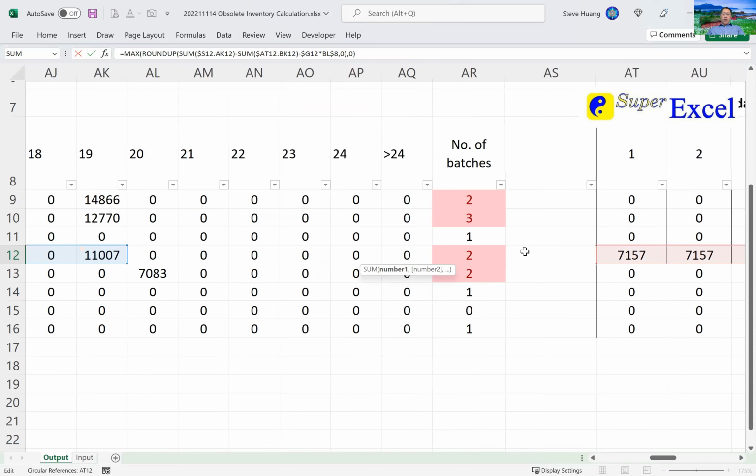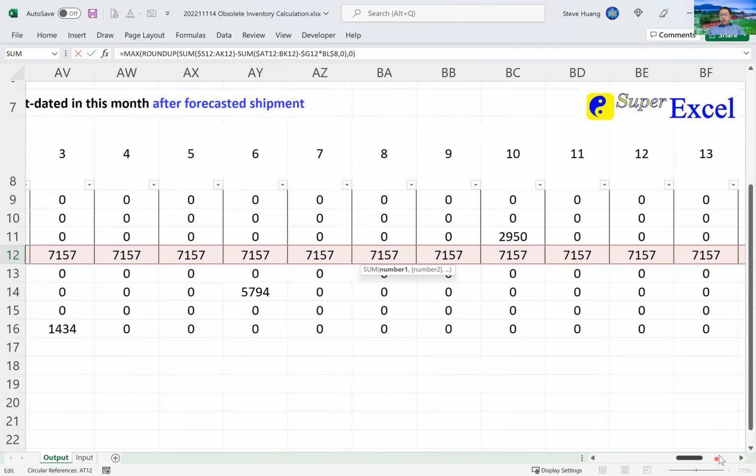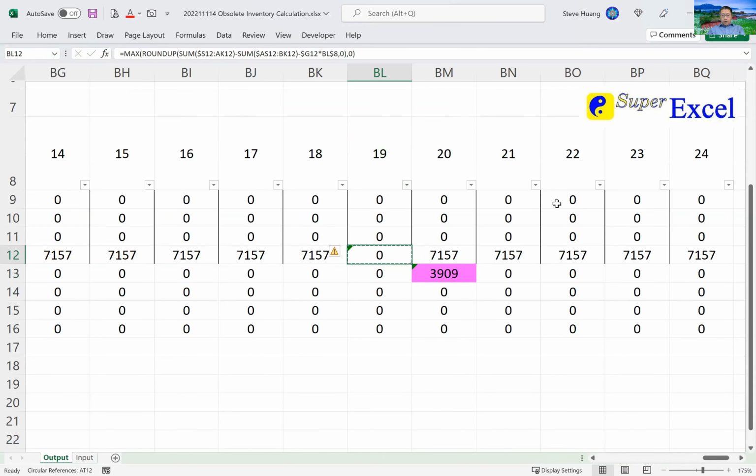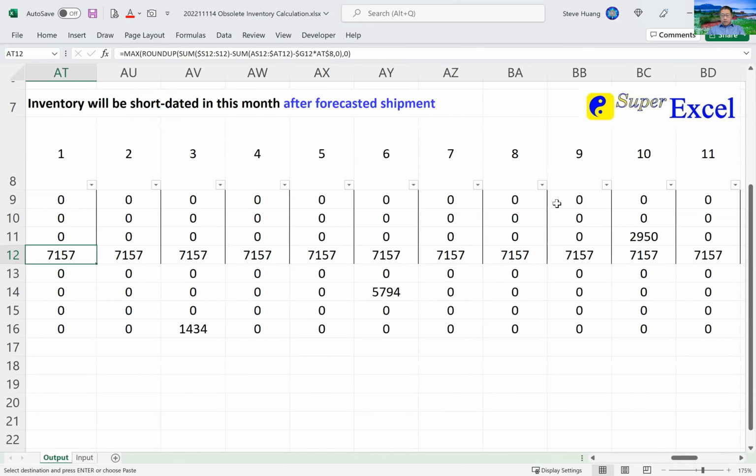This way, when I copy that formula to month 1, I'm using this column AS over here to calculate, so there will not be any circular reference problem. And since this column is left blank, it will not affect the sum of that range. So now let me change that from AT to AS. So this should be AS. And enter. I'm going to copy the formula to this entire range.